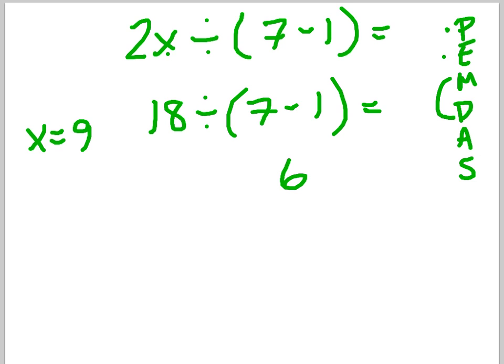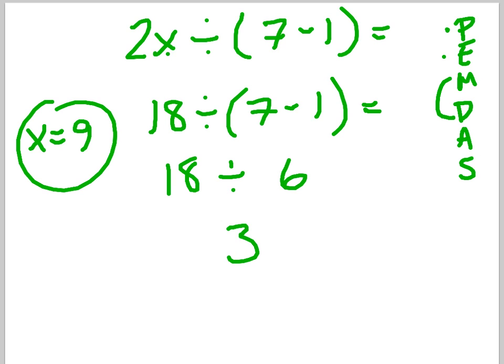Multiplication and division, we've got division there. So let's bring that down. 18 divided by 6, we can solve that. That would be 3. So, remember, you always have to solve the algebra first. Substitute in for that variable there. And then you just follow the order of operations and you should be okay.